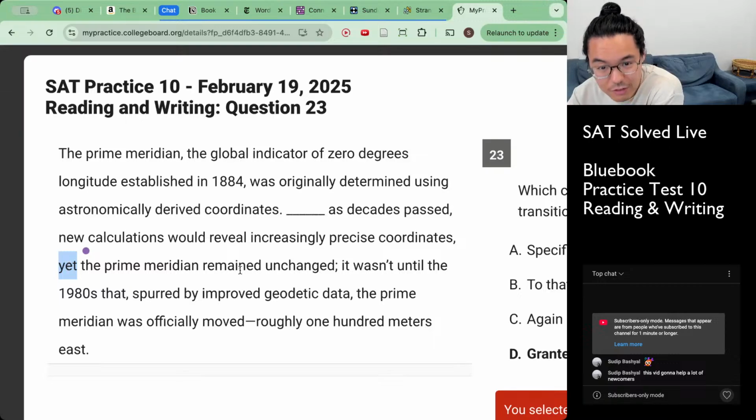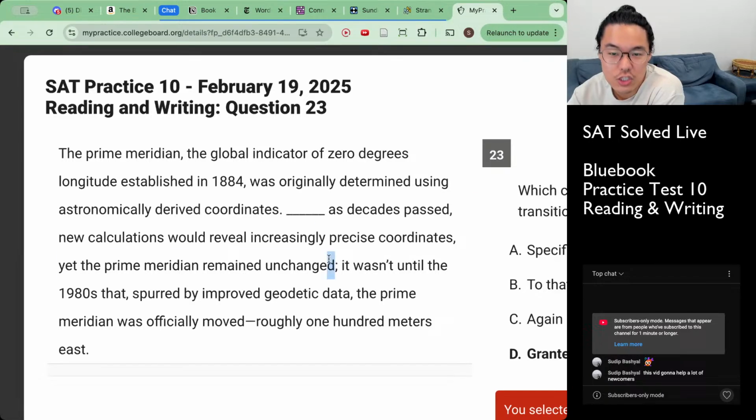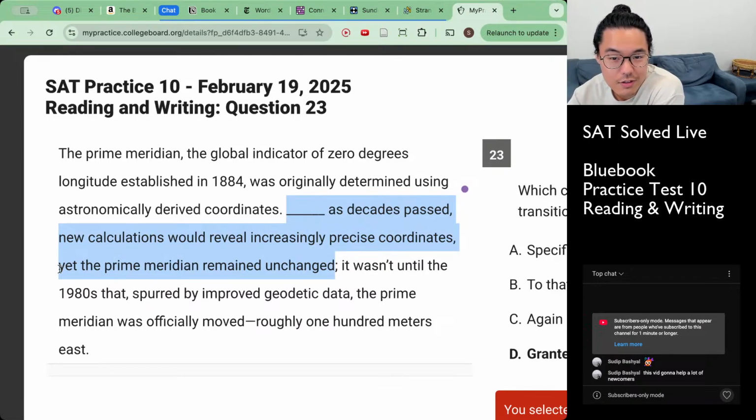However, it remained unchanged. Now, I actually didn't say this out loud, even though I was thinking and feeling this. I'm like, wow, that is a shitty sentence. Why would you say, however? And yet, right away, it's a crap sentence to write like that.